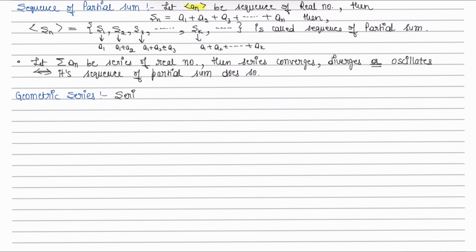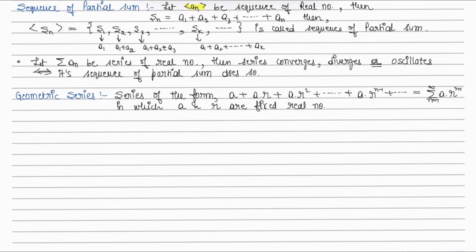A series of the form A plus A into R plus A into R square plus so on to A into R to the power n minus 1 plus so on, which is equal to summation A into R to the power n minus 1, where n is running from 1 to infinity, in which A and R are fixed real numbers and A cannot be 0.